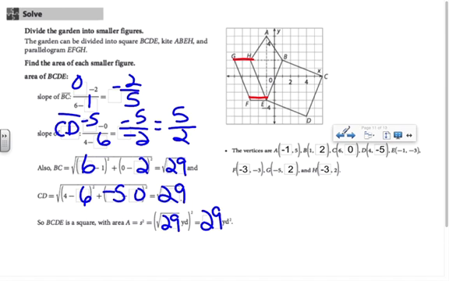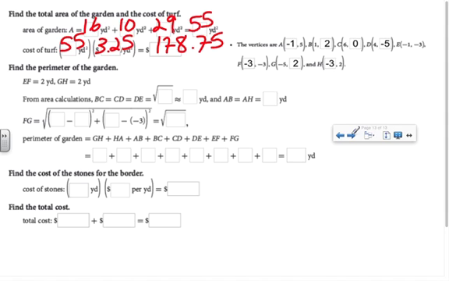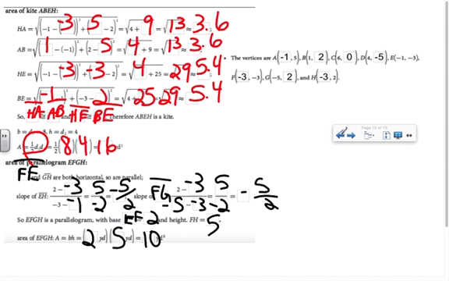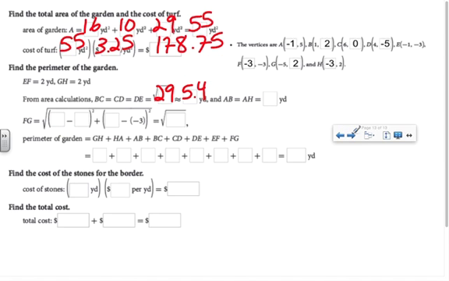So that's square root of 29, and that is approximately 5.4. AB and AH are 3.6. FG I have not yet found.